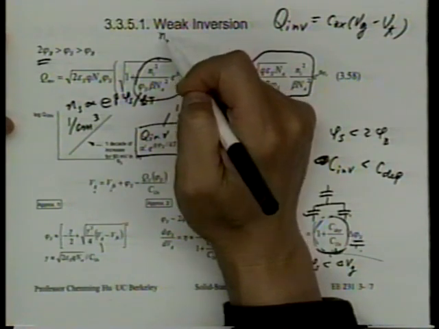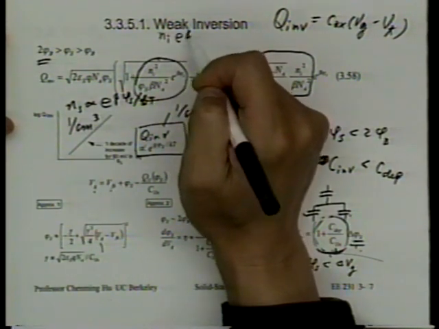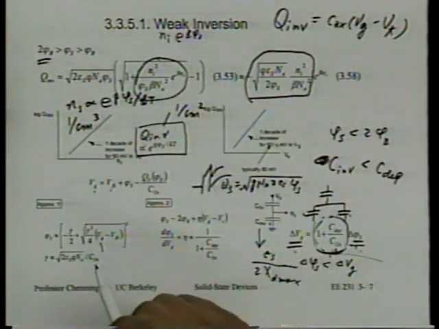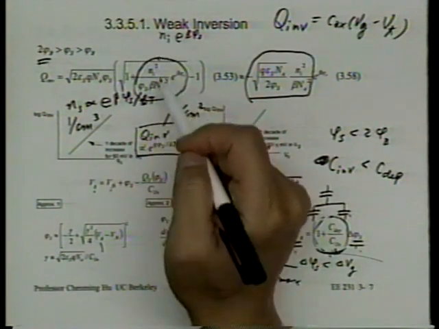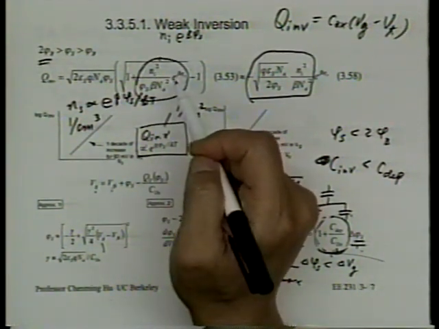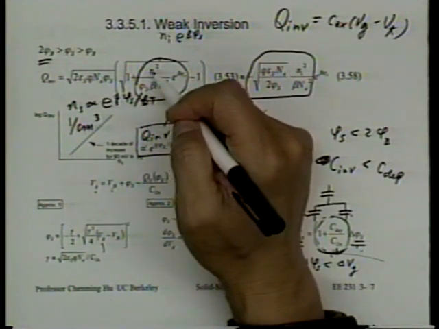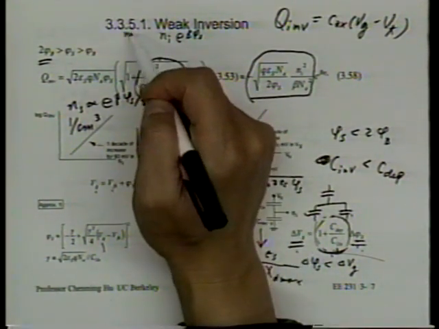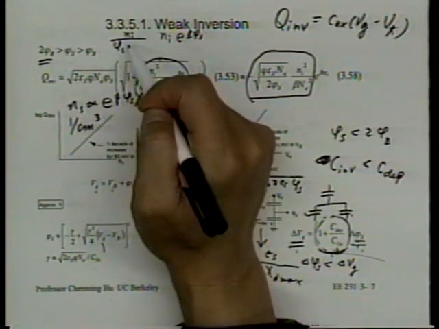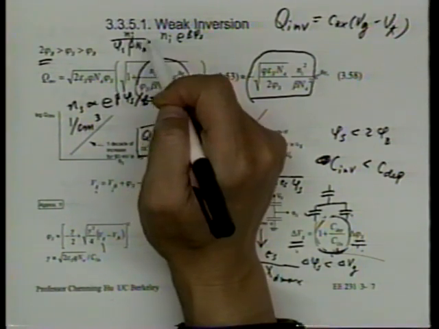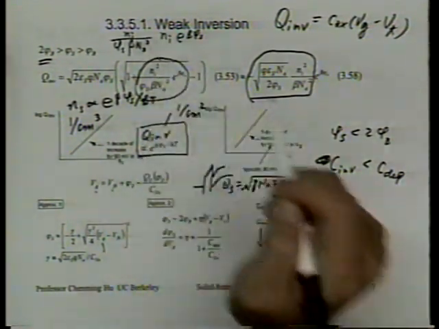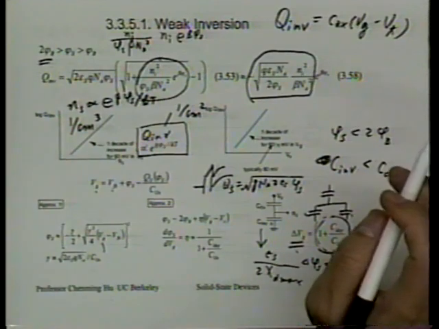We're comparing Ni exponential Q phi s as one term, versus the other thing remaining in this, which is Ni divided by phi s beta Na squared.